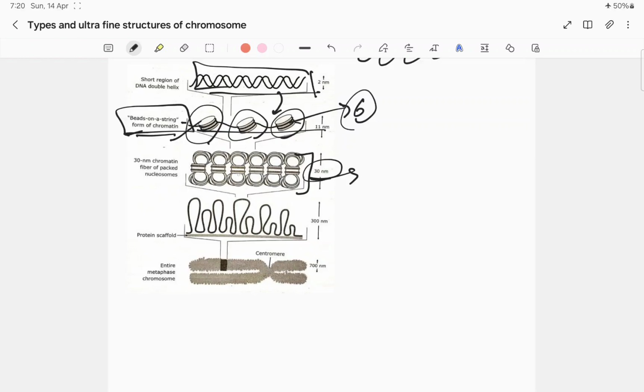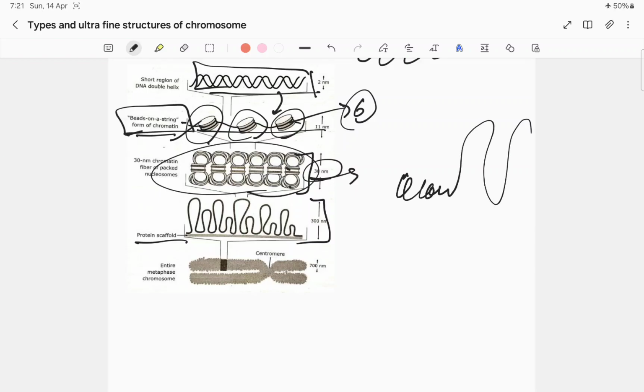And again like this so many solenoid structures will condense and form this protein scaffold. This is the protein scaffold. Like this so many nucleosomes will be folded and form this protein scaffold structure, and this will again condense and form this entire structure.